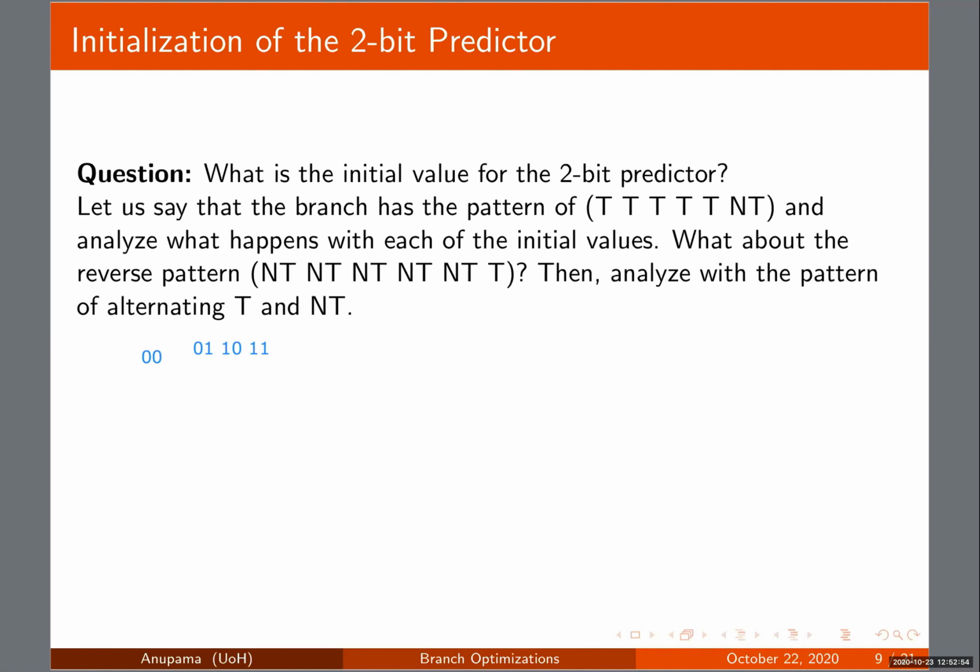After that, the next 3 T's, you are right because your prediction says taken. And then when you see not taken, there is a misprediction. So there are 3 mispredictions for that sequence when you start with 0, 0. Can you tell me how many mispredictions will be there if you start with 0, 1?